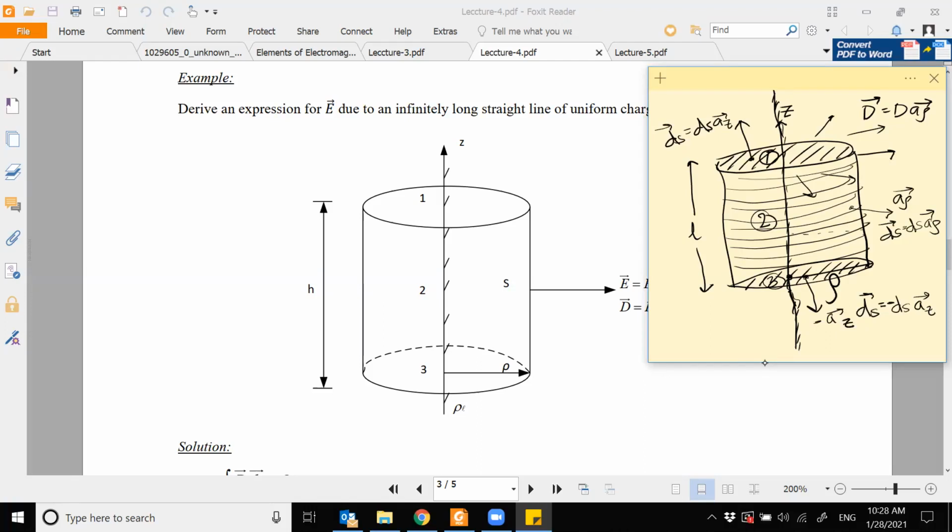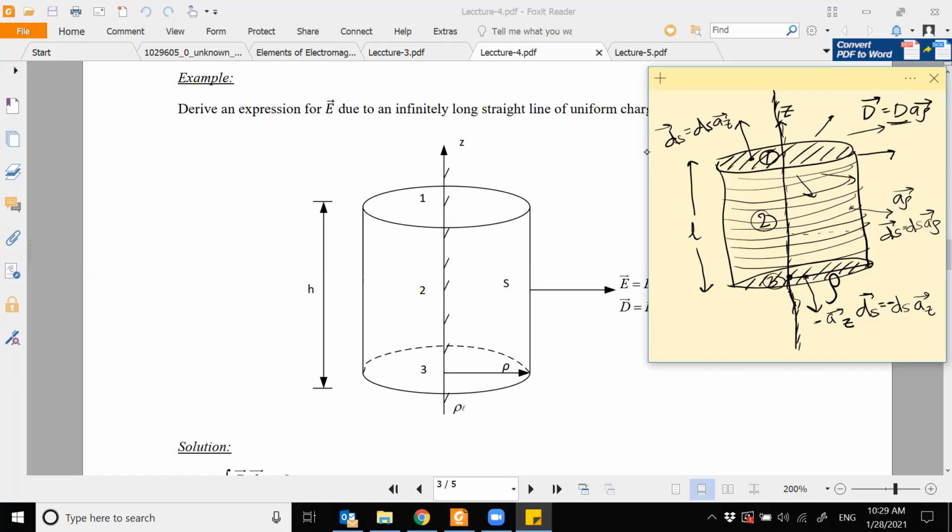Now if I want to do the integration of this D bar over this surface, it will be the integral of D bar dot dS bar. What will be the result of the surface integration for this area? Here it is a rho, here it is a z.